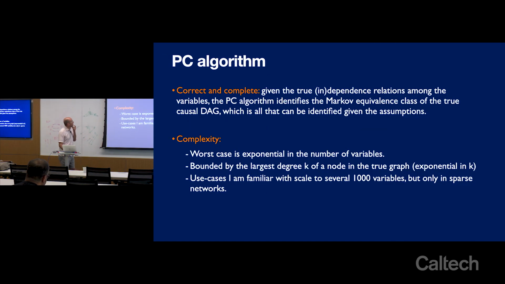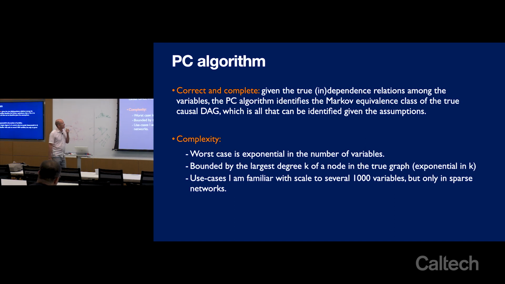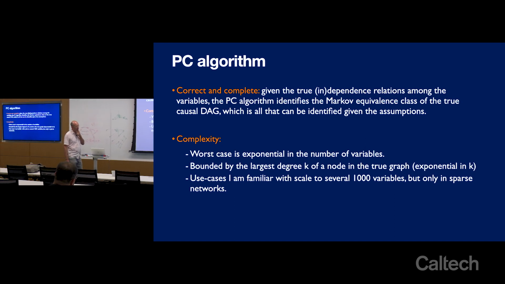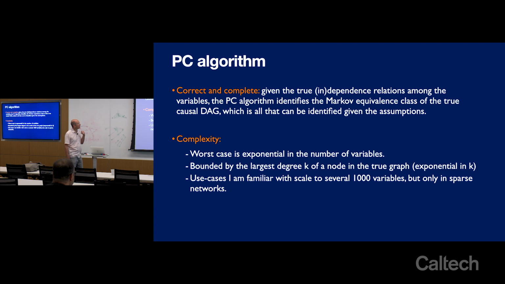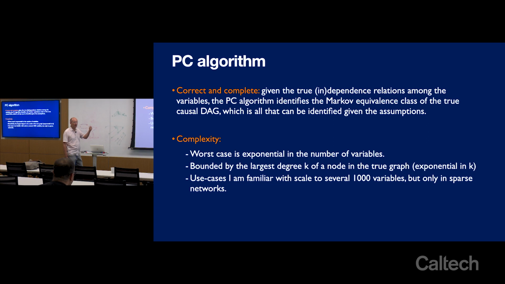What's nice about the PC algorithm is that it's correct and complete given the true, so what does that mean? It means that if your independence tests return the correct results among the variables, then the PC algorithm identifies the Markov equivalence class of the true causal directed acyclic graph, which, given that we talked about the completeness, at least for linear Gaussian models before, is all that can be identified given the independence structure.